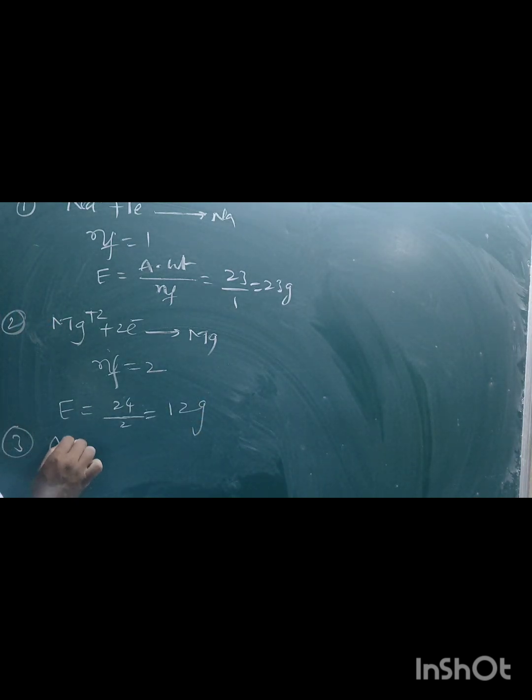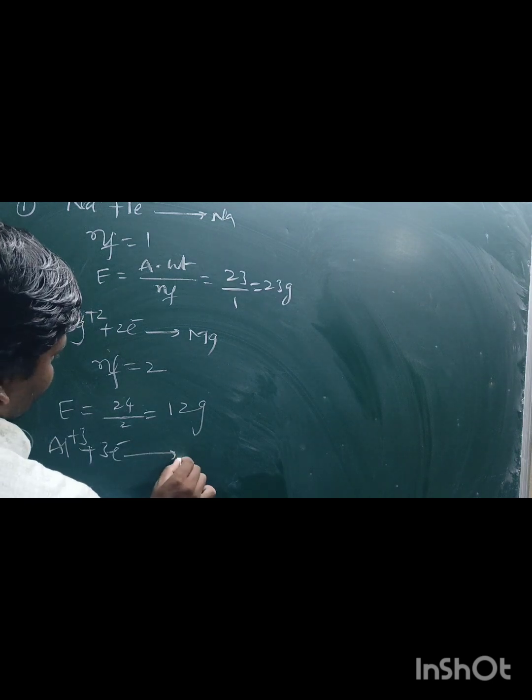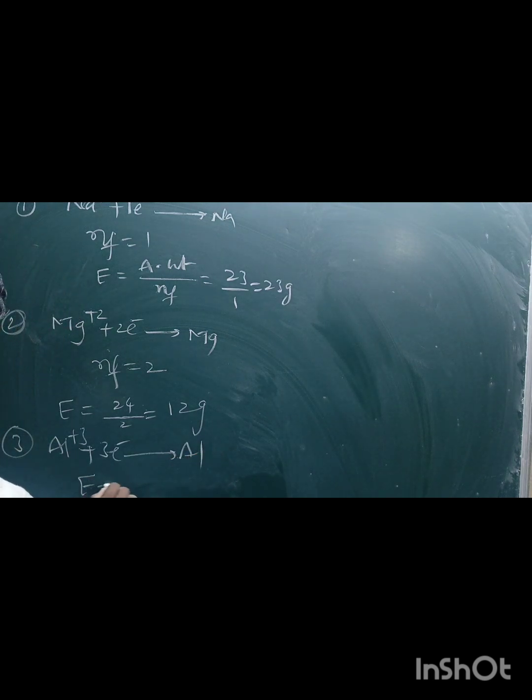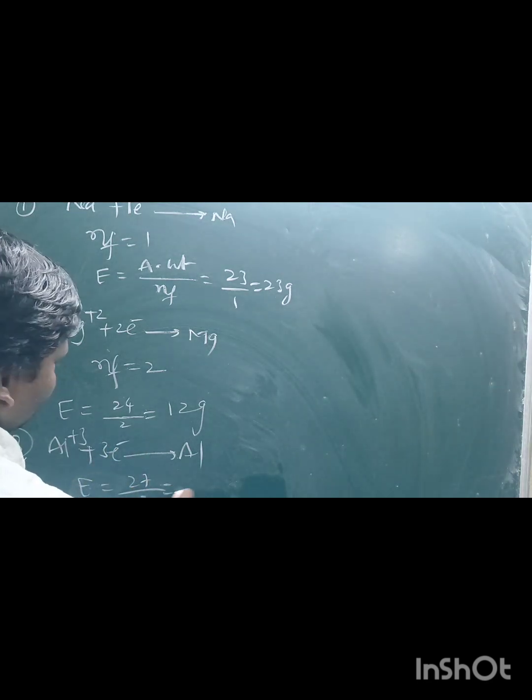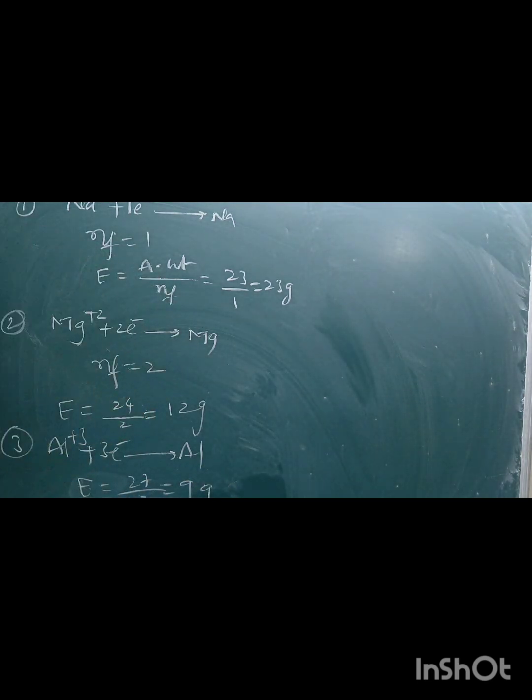Like that, Al plus 3 gains 3 electrons to form Al. Number of electrons involved is 3, so 27 by 3 is equal to 9 grams.